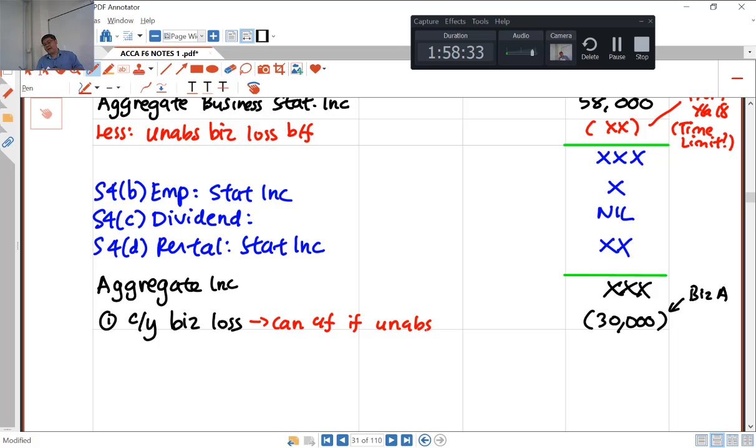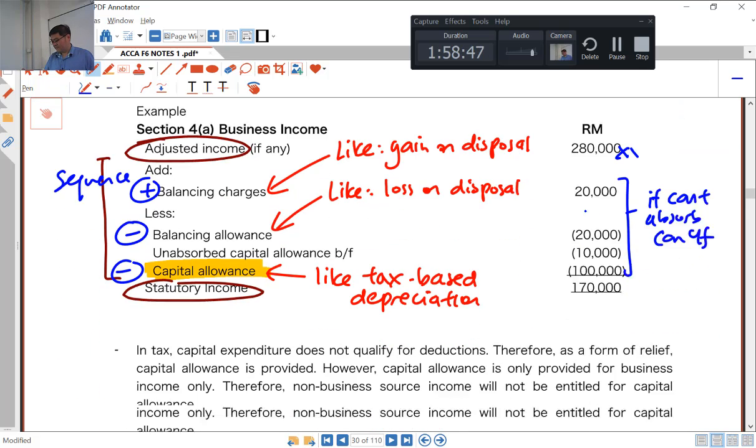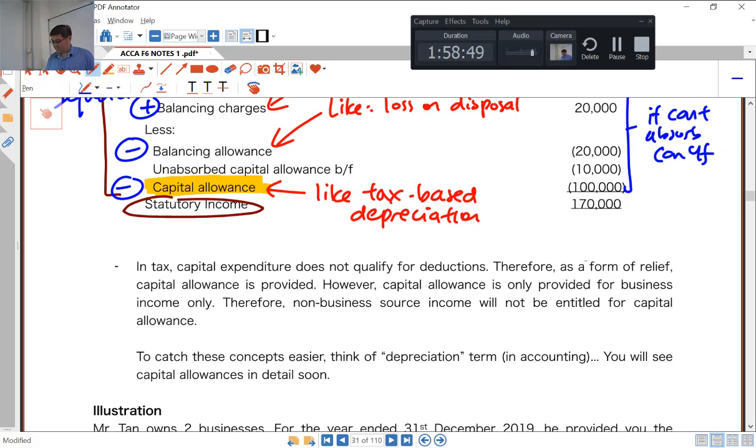Once you minus off the current year loss, then you can minus another figure called approved donation.